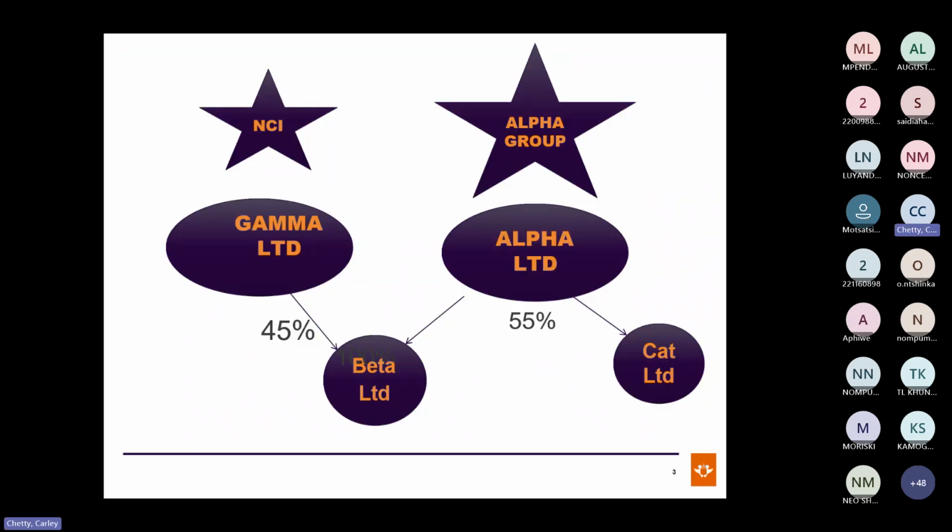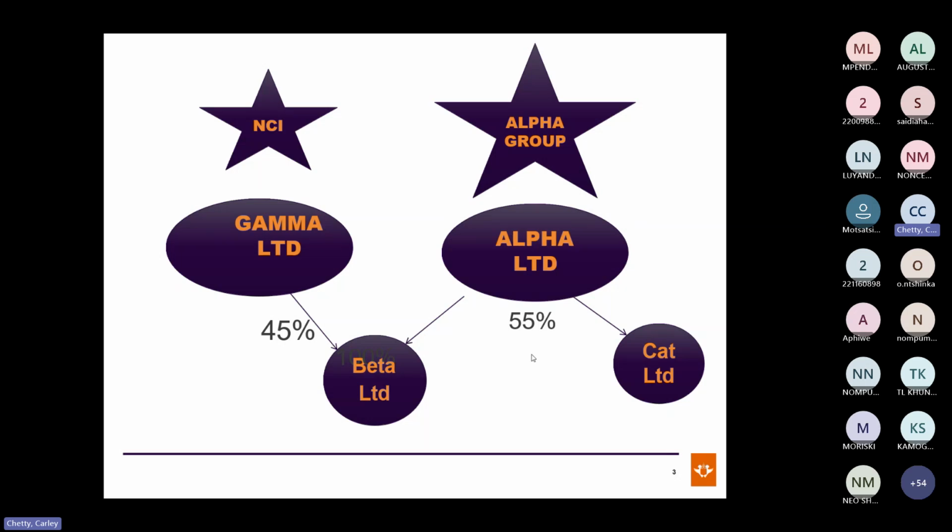So let's have a look at this diagram here. Okay, so here we have a diagram of a group of companies, and we have the Alpha Group. Alpha Limited owns 55% in Cat Limited and 55% in Beta Limited. And then we'll see the company Gamma. They own 45% in Beta Limited.